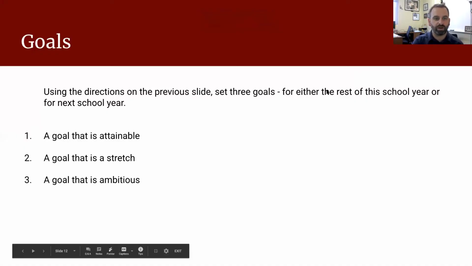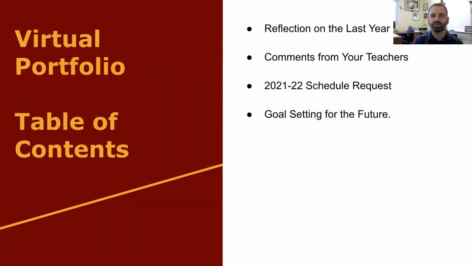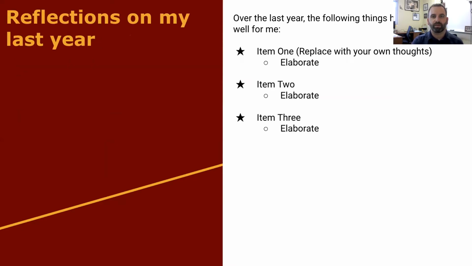So your virtual portfolio will contain those 4 things I just talked about. In your reflections on last year, I want you to think about 3 things that have gone really well for you and list them right here, and to think about 3 things that have really been challenging for you.